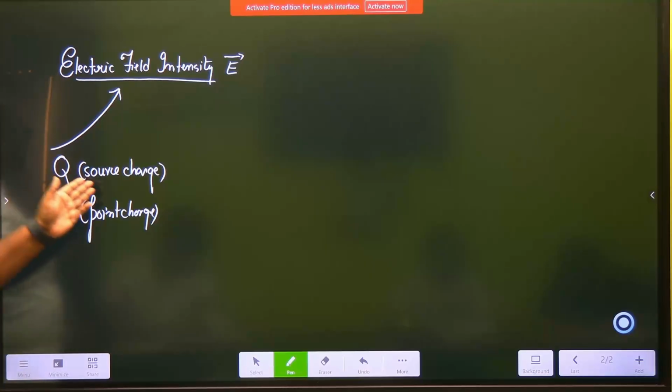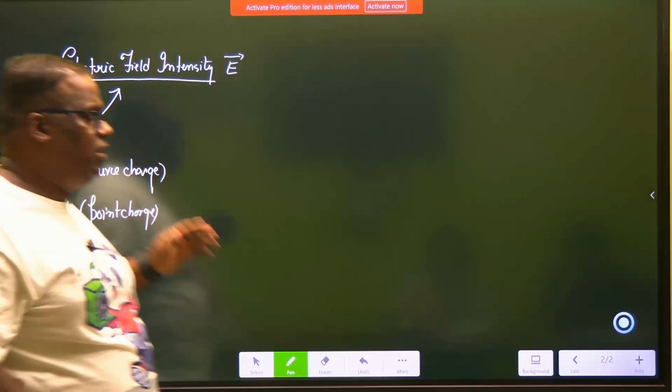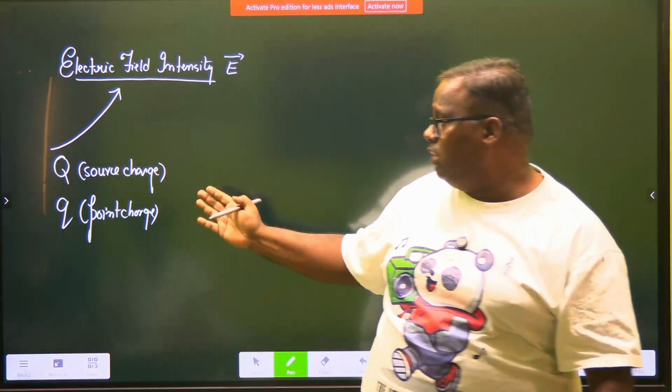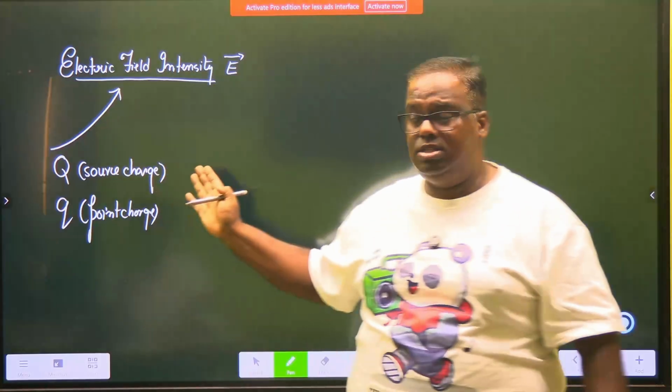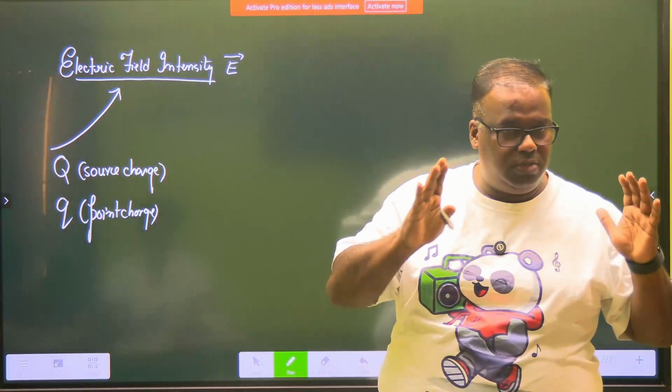A source charge, maybe Q, usually denotes a charged body, and Q is a single point charge, right? Electric field is a phenomenon which is linked to the source charge. Electric field is associated with the source charge.